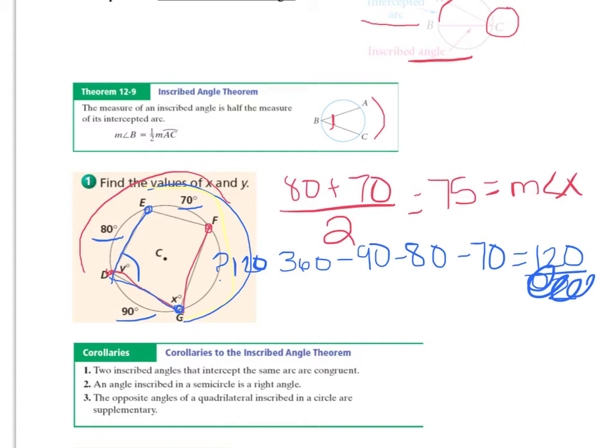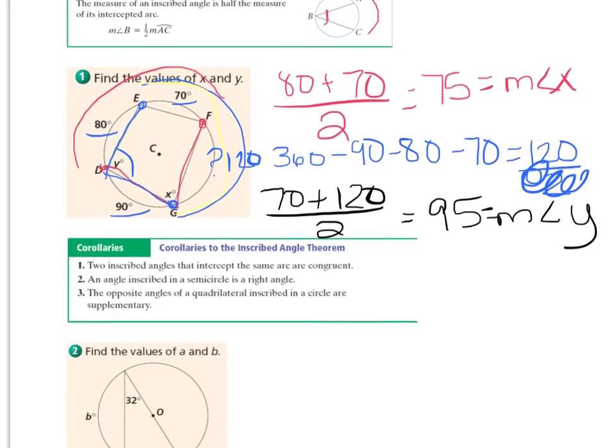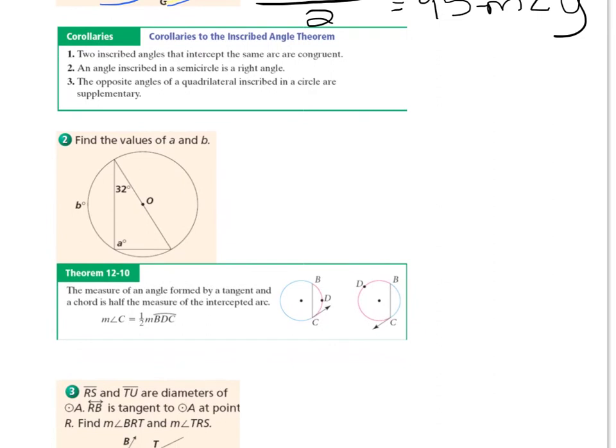So 70 plus 120, and then take half of that. When you add that together, you end up with 95 when you divide by 2. And that's the measure of angle Y. So notice you'll have to create them separately. It won't always just be one. You'll have messy pictures.